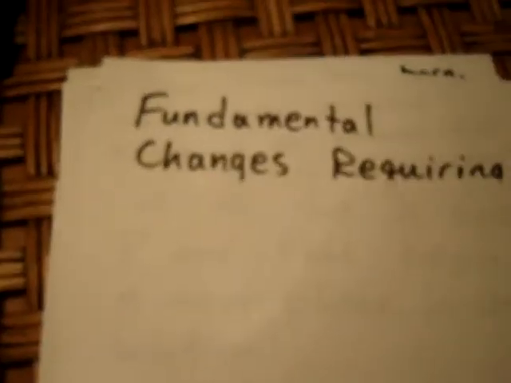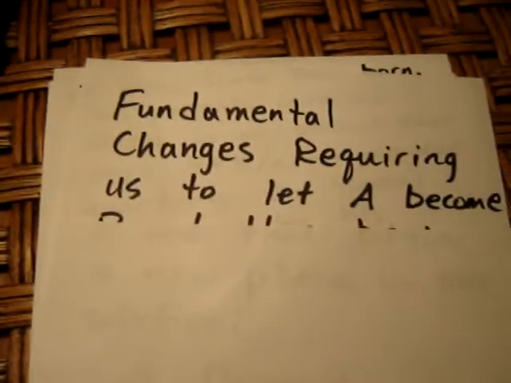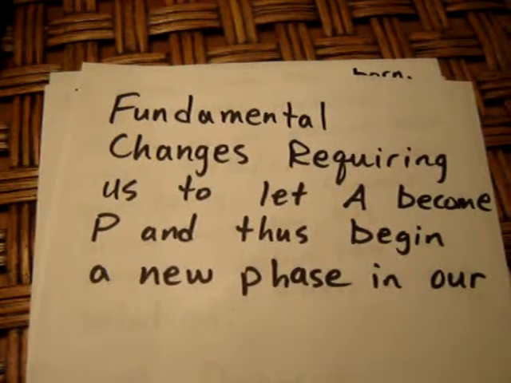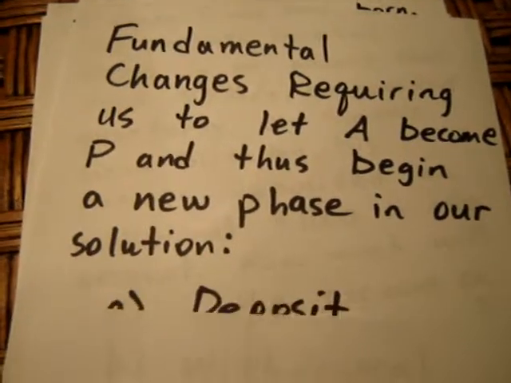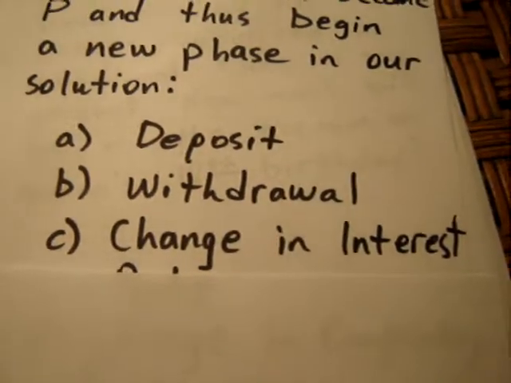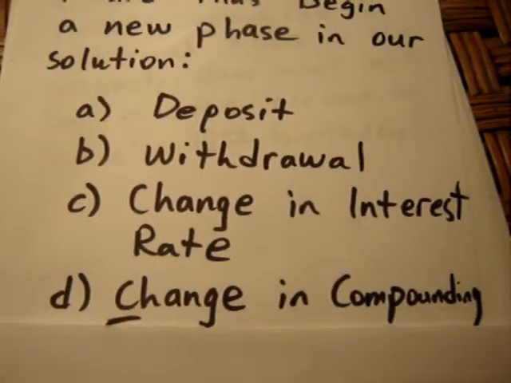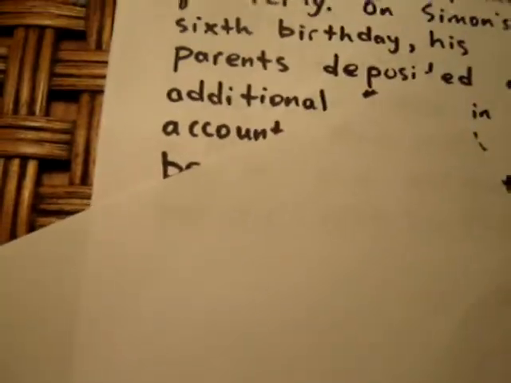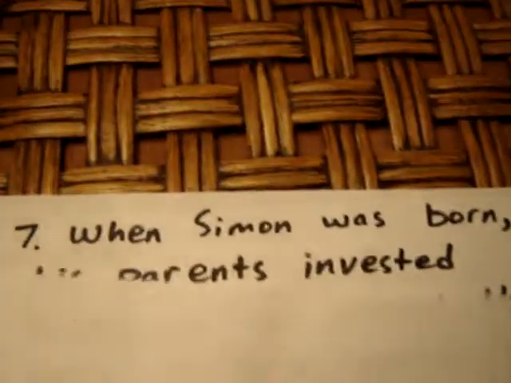So, fundamental changes that require us to let A become P and thus begin a new phase in our solution include a deposit, a withdrawal, a change in interest rate, or a change in the compounding frequency. You're probably hoping for an example to make this a little more clear. We have two examples for you.